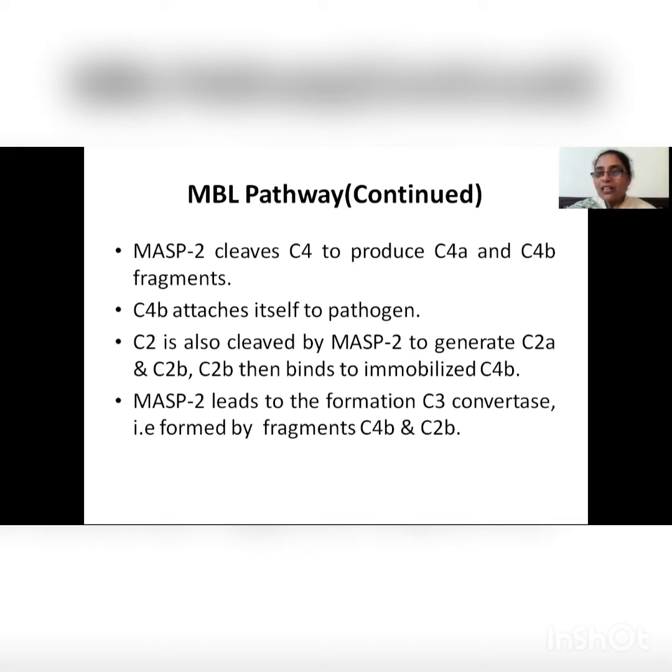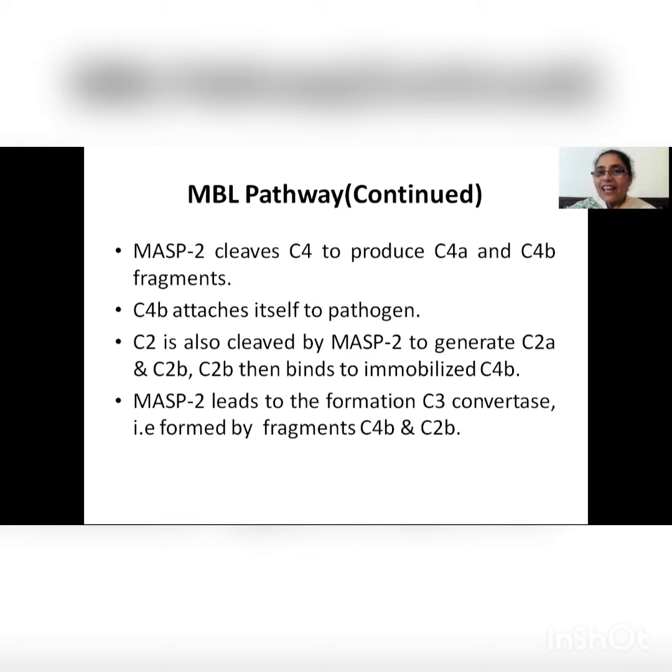In the classical pathway, complement C1 was activated by serine proteases. In this mannose binding pathway, what happens? This group of collectins goes and binds to the pathogen or apoptotic cells or tumoral cells. They directly bind to the pathogen, and from there they activate MBL associated serine proteases, which get activated once they bind to the pathogen.